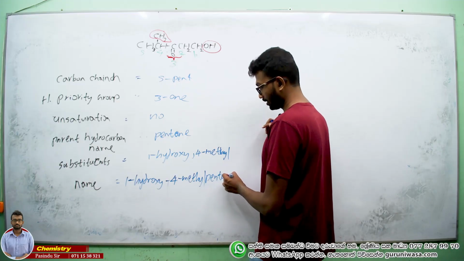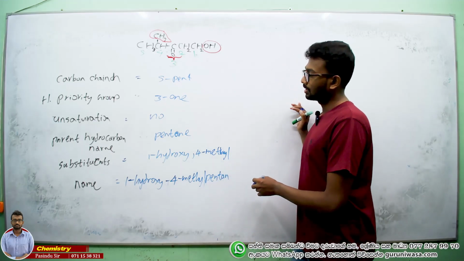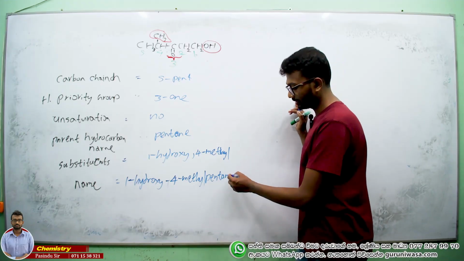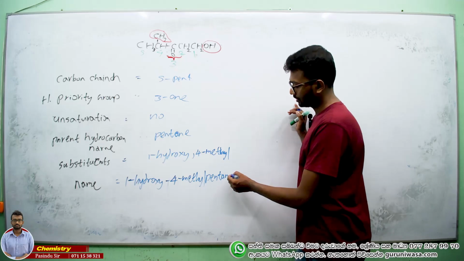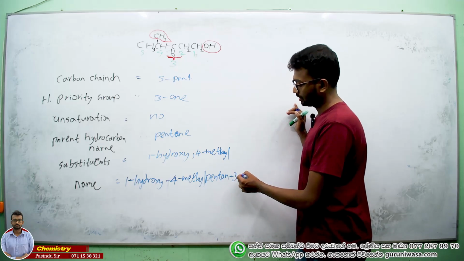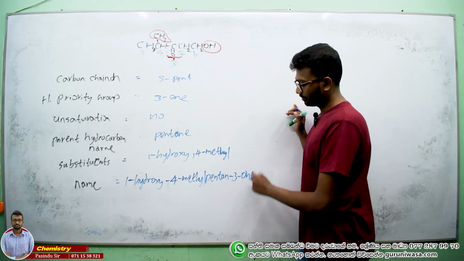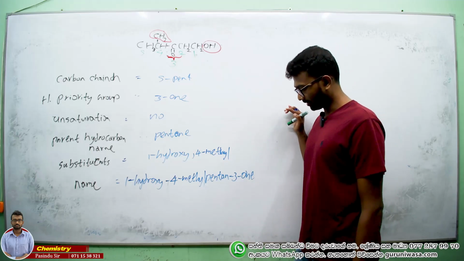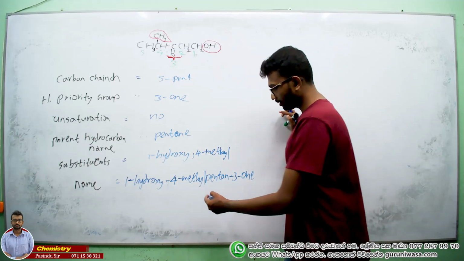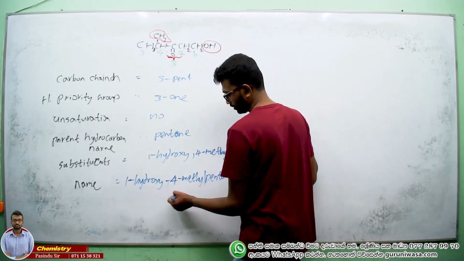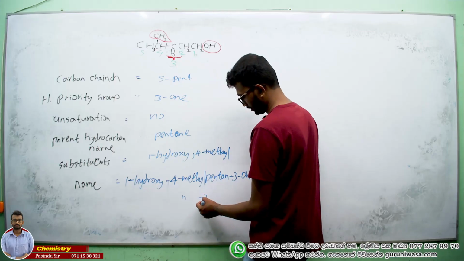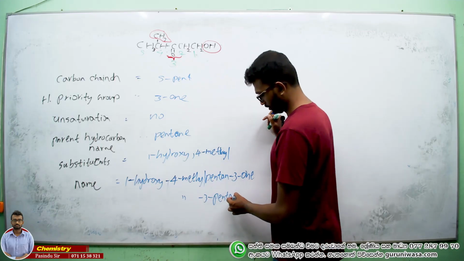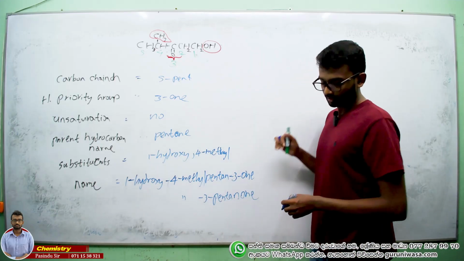Methyl pentane. So here we cut the E and we put 3 on: pentane on, 3 on, or we can write methyl 3 pentanone. Both are correct.